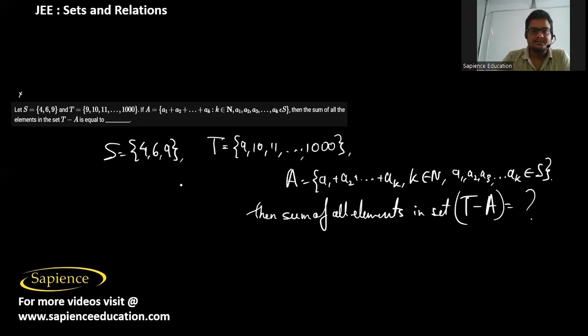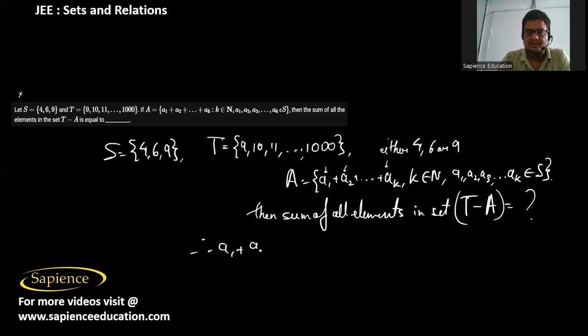So here it means these elements a1, a2, a3, ak should be either 4, 6 or 9. So let's say 4 can come x number of times, 6 can be added y number of times, and 9 can be added z number of times.